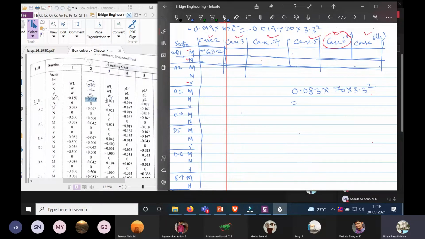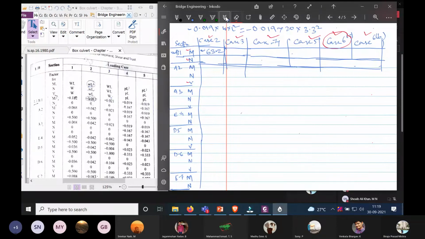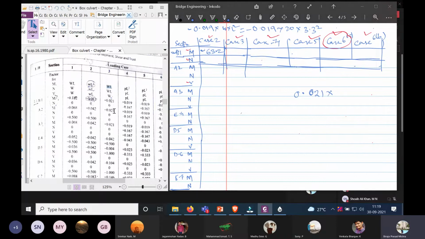Now the next one, case 3. In case 3, the coefficient is 0.021, into W into L. So what is the load for case 3?